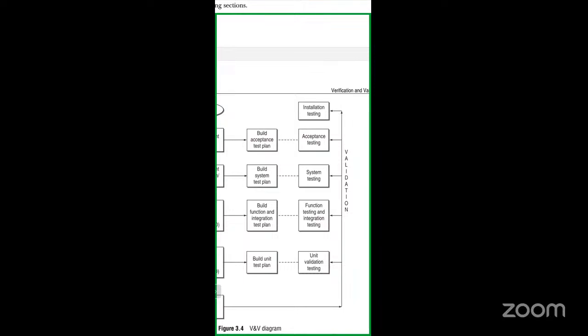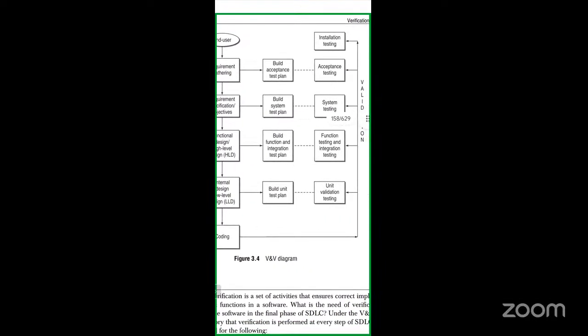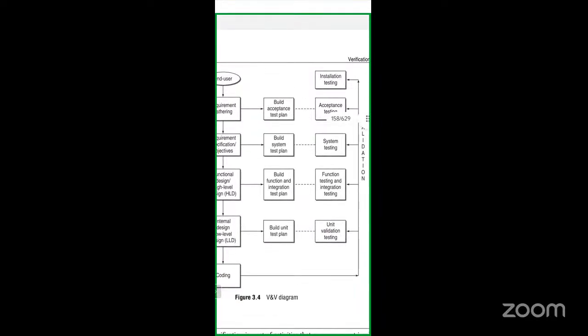Okay, so this is our V and V diagram, we can say. Verification will be done in all the phases, and the planning is going to be given, and validation is also going to be done with the help of acceptance testing, system testing, integration testing, and functional and integration testing, and unit or validation testing.